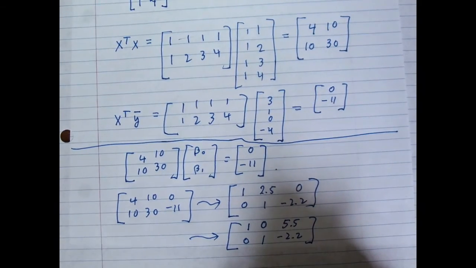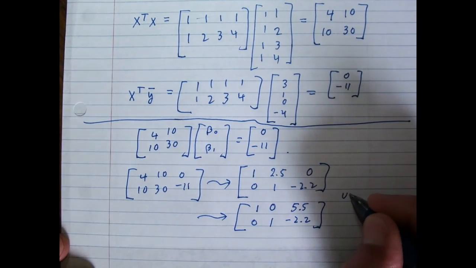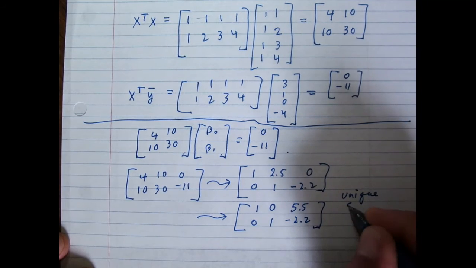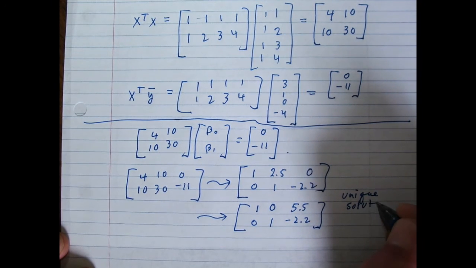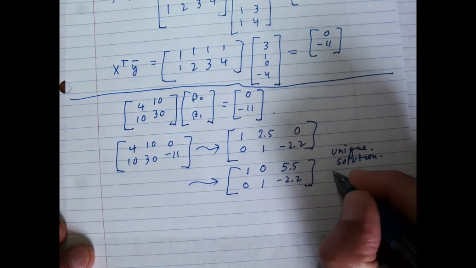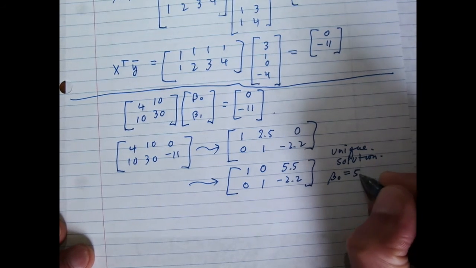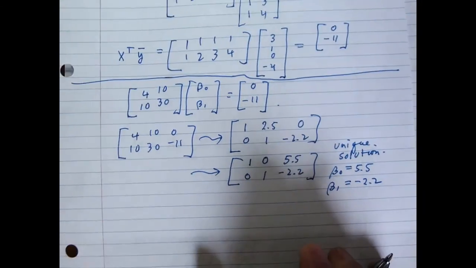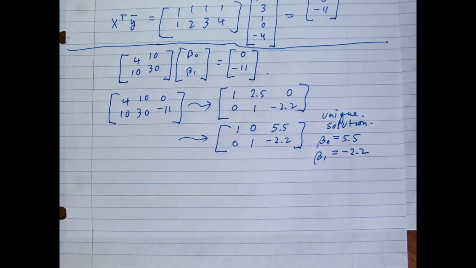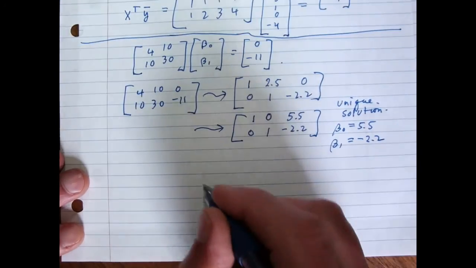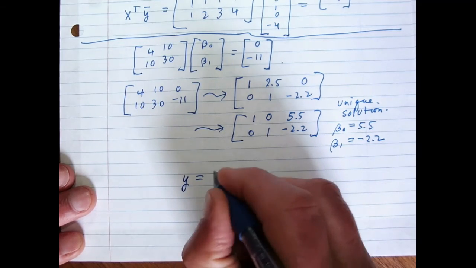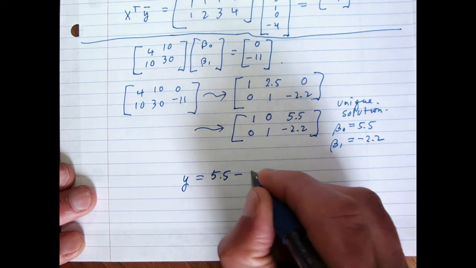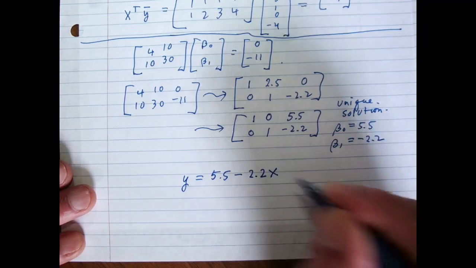Okay. So it turns out here there's a unique solution. So beta 0 is equal to 5.5, beta 1 is equal to negative 2.2. And so that means my line is 5.5 minus 2.2x.